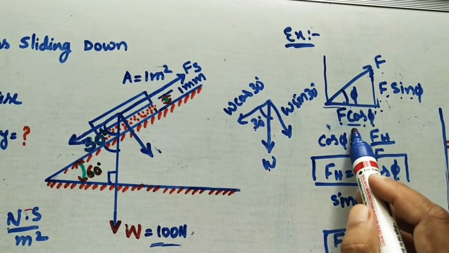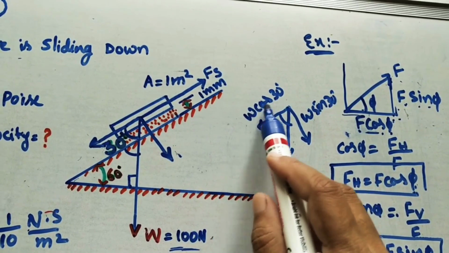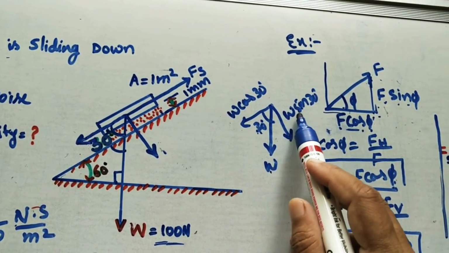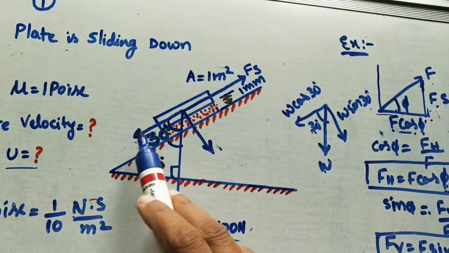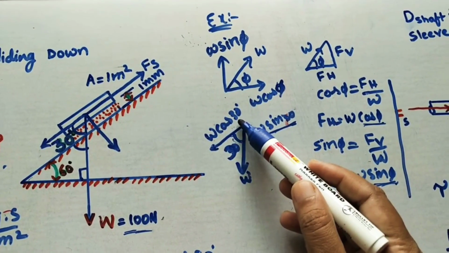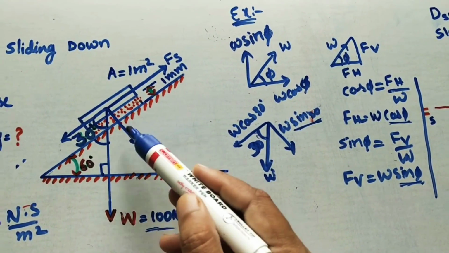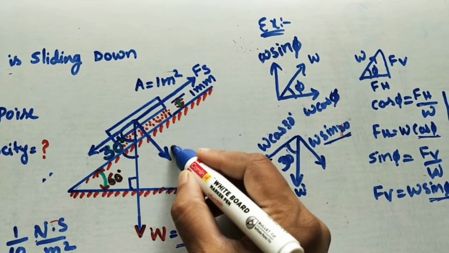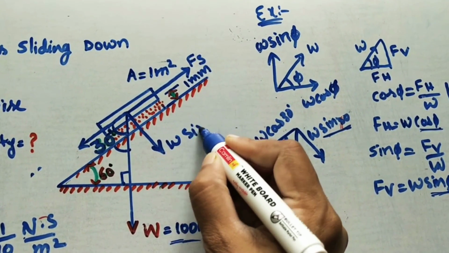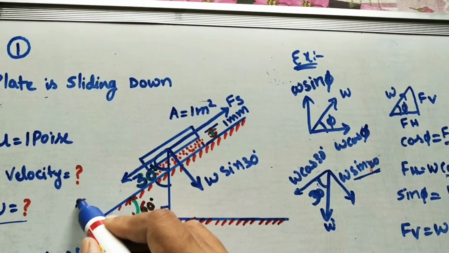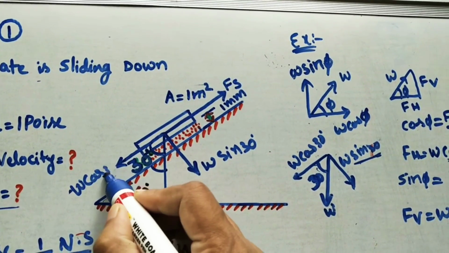Wherever the angle is coming, cos will come. So W cos 30. The other side is W sin 30. So mark here W cos 30 and W sin 30 here. So write down W sin 30 here, W cos 30.